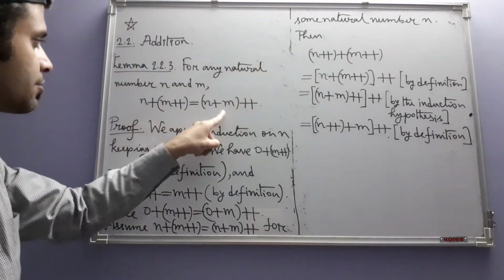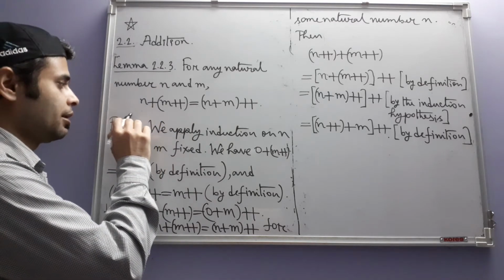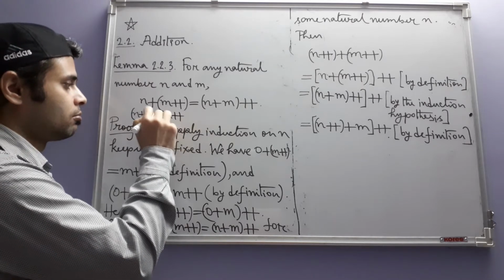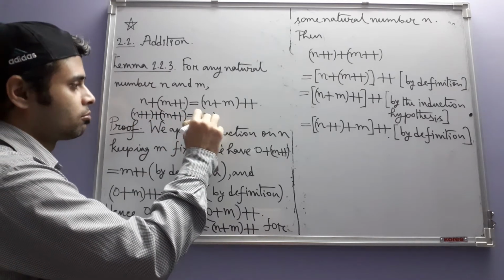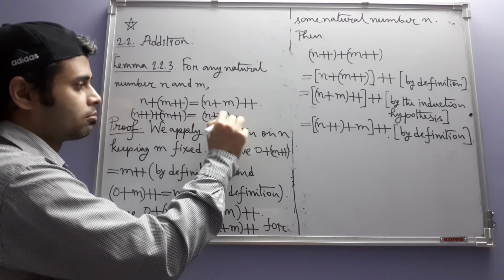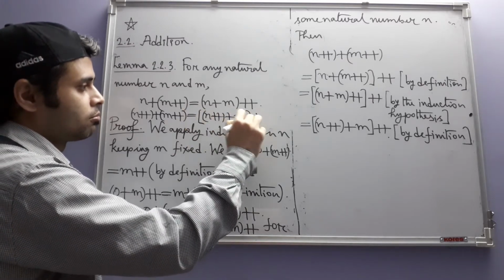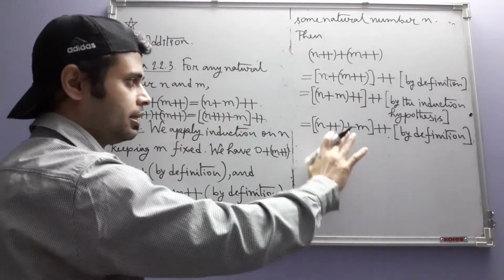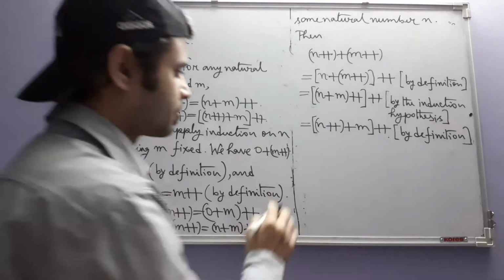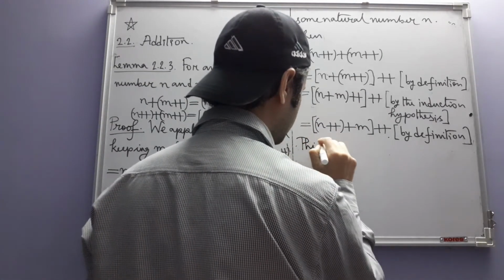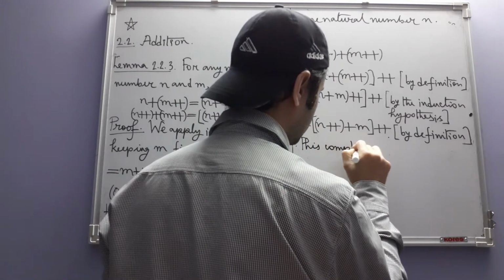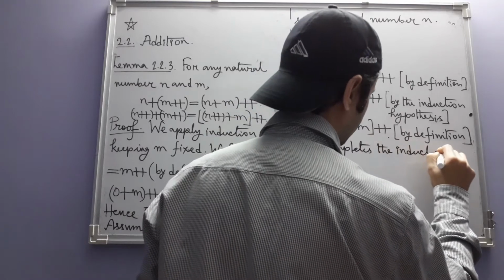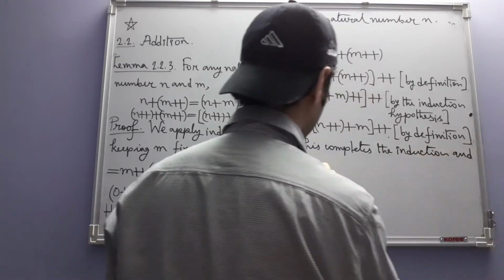In this formula, if in place of n I take n plus plus, then I get this now. So that's what I have proved. So that means I have carried out the induction step successfully. So this completes the induction, and hence the proof.